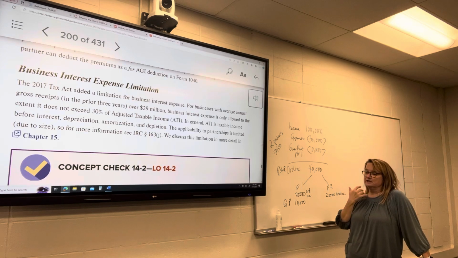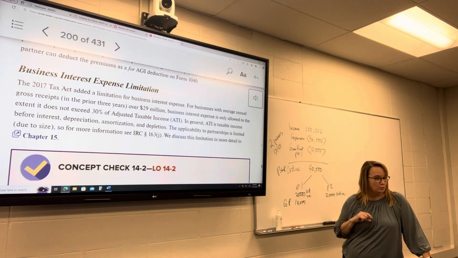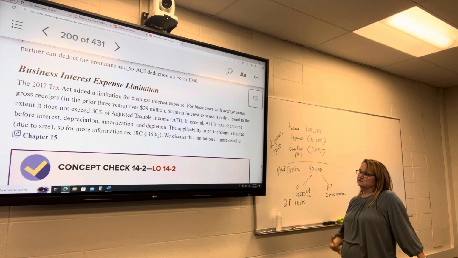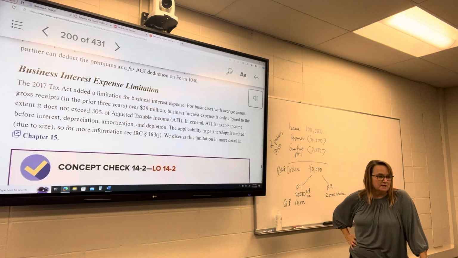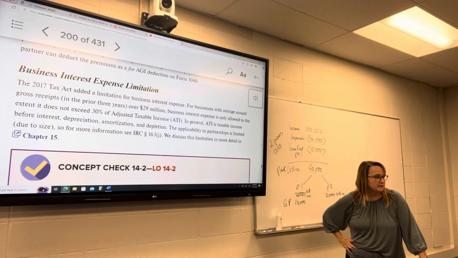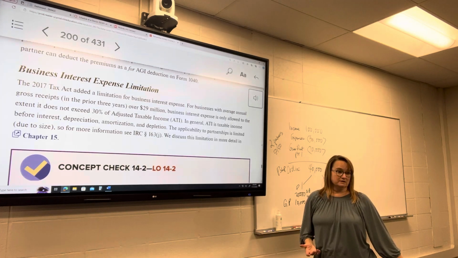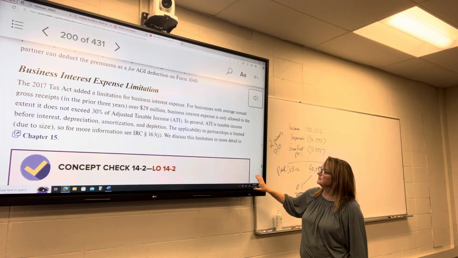That's a separate calculation, the adjustment. We don't have adjusted gross income for these businesses, by the way. That's only for individuals, but they have this concept of adjusted taxable income. So if adjusted taxable income is $100,000 and the business interest expense was $40,000, they can only take $30,000 of it. So they're limited in how much interest expense they can take.